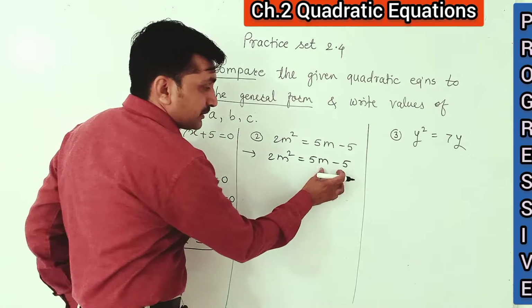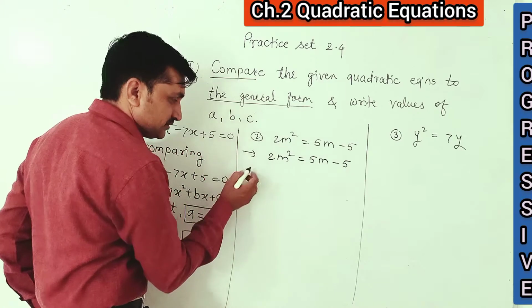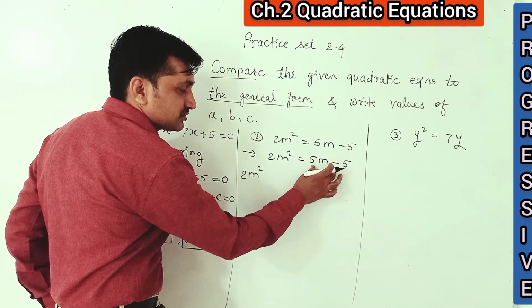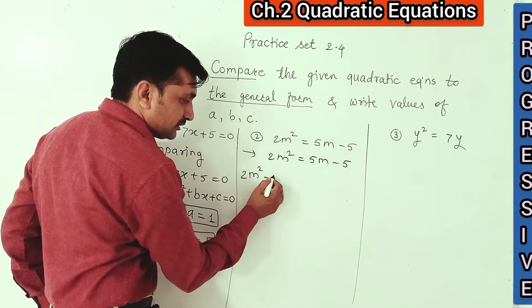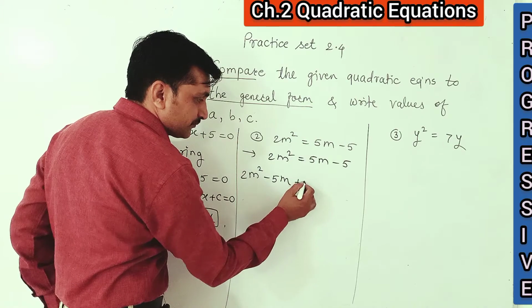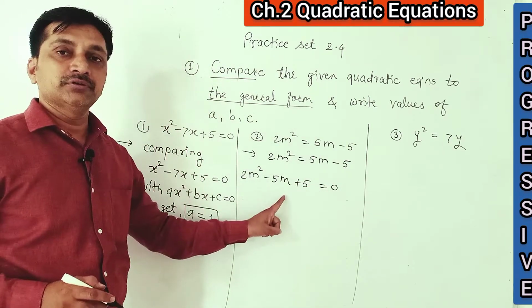Now bring these two terms to the left side. When we transfer, their sign will change. Here plus 5m will become minus 5m, and minus 5 becomes plus 5, is equal to 0. Now it is standard form, right?